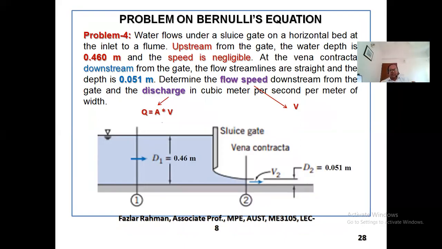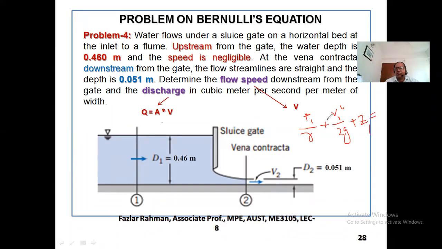Okay. And in the last class, I told you that Bernoulli's equation doesn't count one thing. Which one? The frictional loss. But sometimes you can use Bernoulli's equation without frictional loss, so that your error should not be that much. That means you can apply P1 by gamma, V1 square by 2g plus Z1, right?